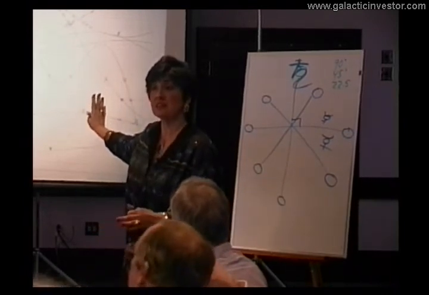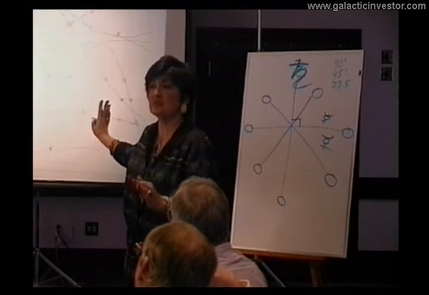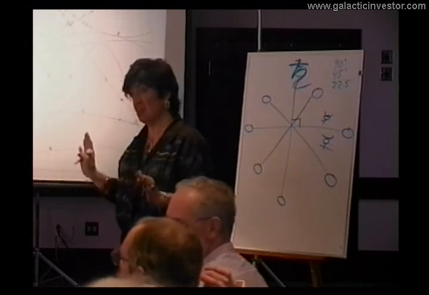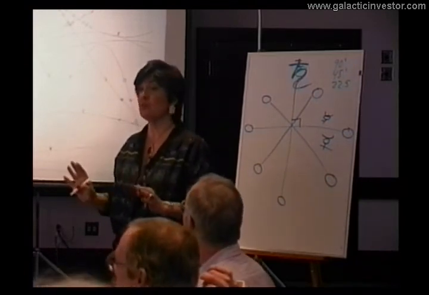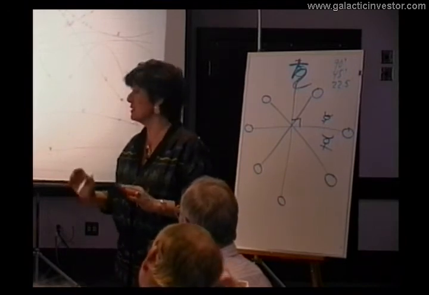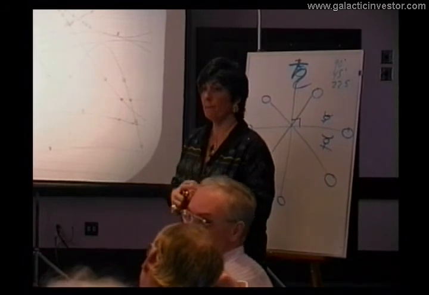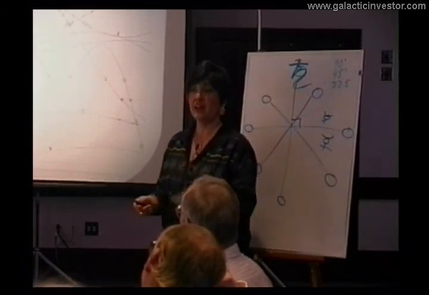You won't see trines in this, because trines are 120. You won't see any sextiles. Those are 60, half of 120. And I don't use those because to me, they're nice. But they don't show any action. They don't show any motivation either, and they don't show any stress. This shows stress. There's one of those hard aspects, one of the hard angles. 45 or 90 or 135 or any of those.